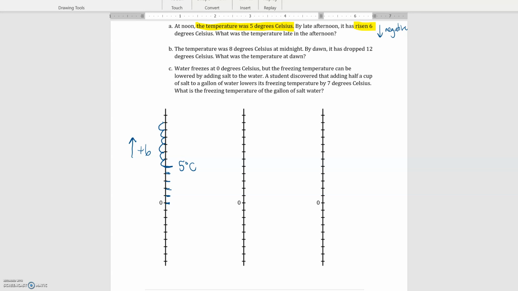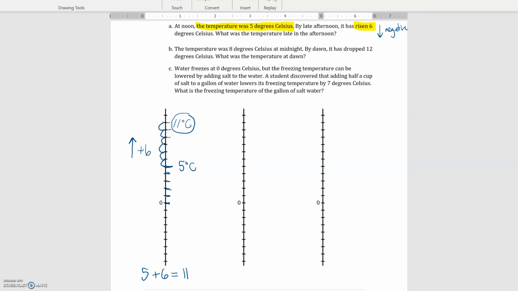And now it's asking us what temperature we are at late in the afternoon. So the math problem that we're going to solve is we started at 5 and we're adding 6 degrees. And we can use our number line to help us find out what it is. And I can count up from 5. So 5 moving up 6 units would be 6, 7, 8, 9, 10, 11. So we're ending at 11 degrees Celsius, which makes sense because 5 plus 6 is 11.